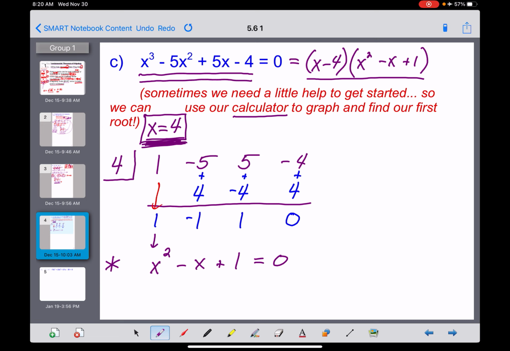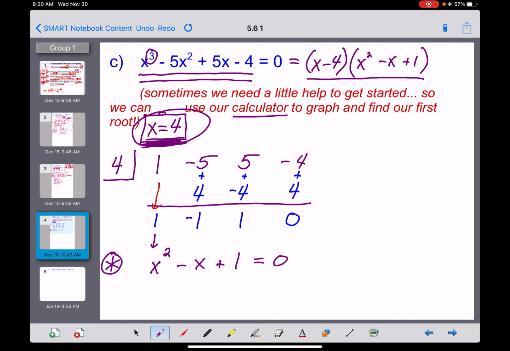Now let's think about where we are here, and I didn't write something down at the beginning that I probably should have. This problem is a cubic polynomial, which means we should be expecting a grand total of 3 roots. We have found one of them so far. There are 2 more that are still out there waiting to be found, and those 2 roots are going to come from this quadratic equation right here.